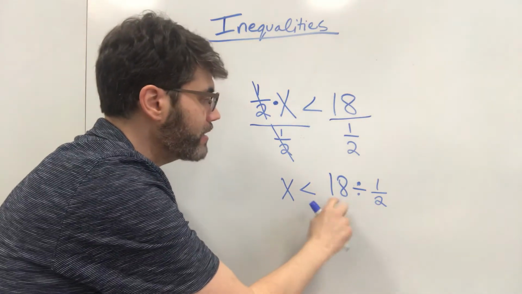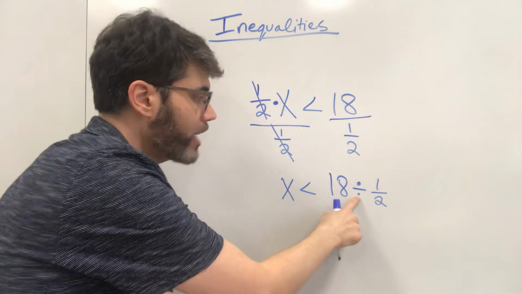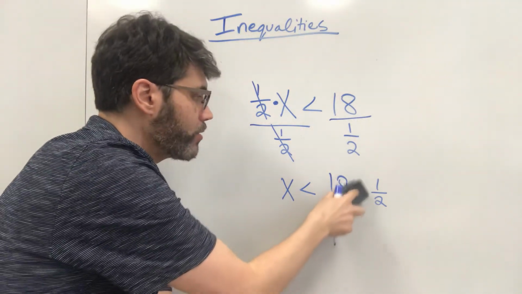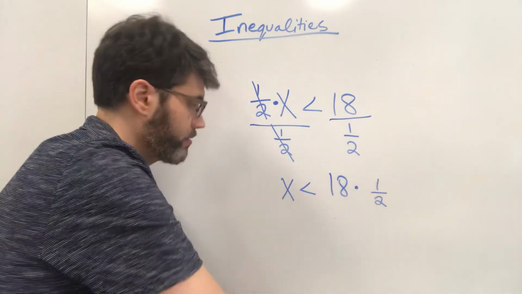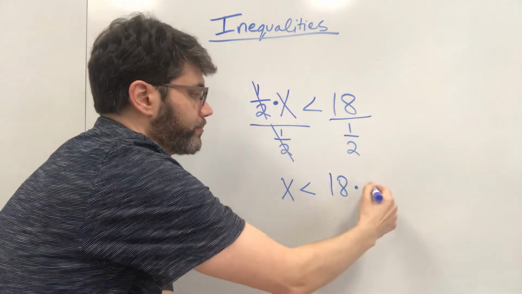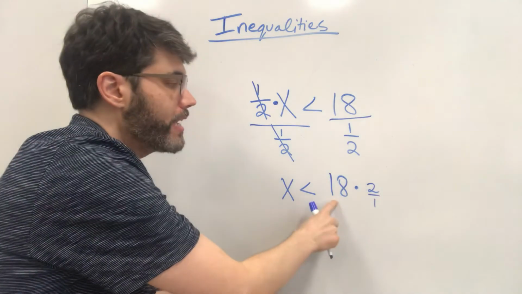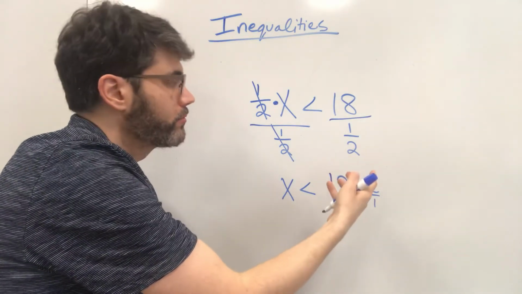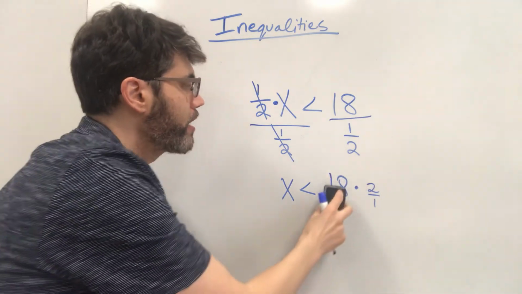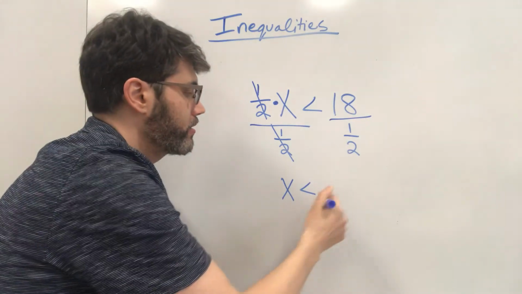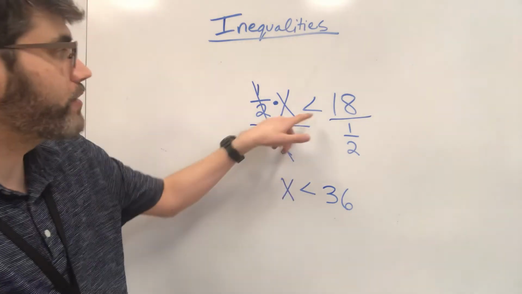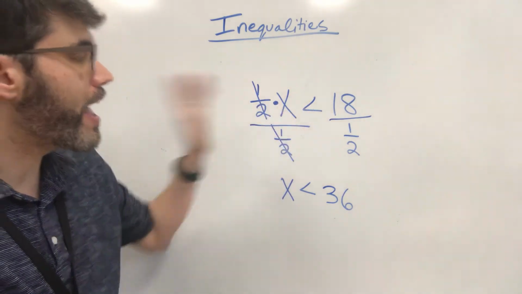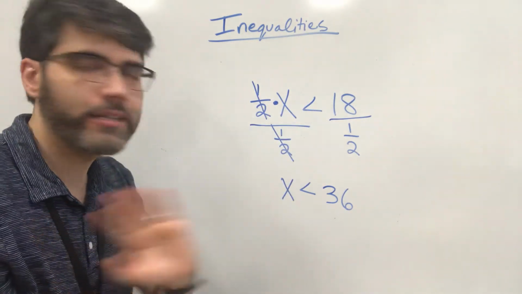You keep the 18, you change the division sign to a multiplication sign, and you flip the fraction. What is 18 times 2 now? That would be 36.